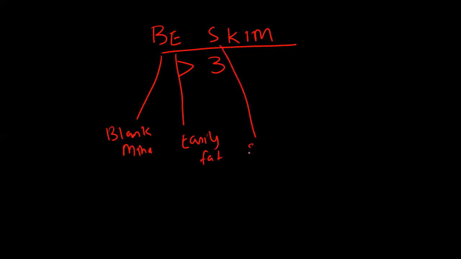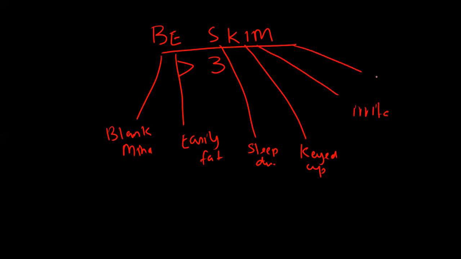S is for sleep disturbance. K is for keyed up. The patient is very restless. I is for irritability. M is for muscle tension. The patient should have more than 3 of the following 6 symptoms.